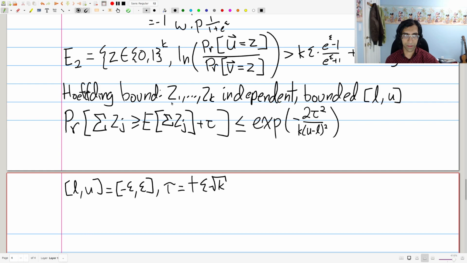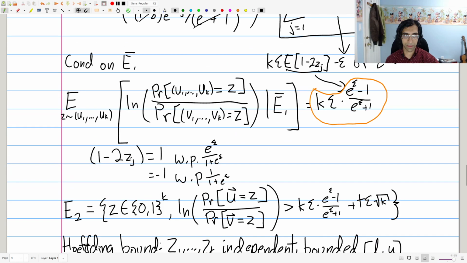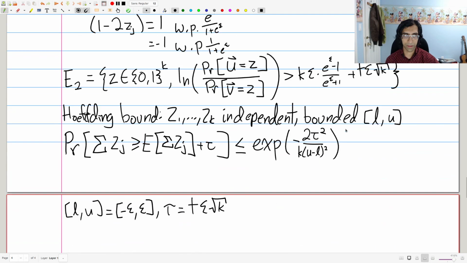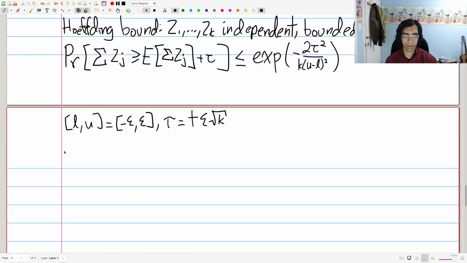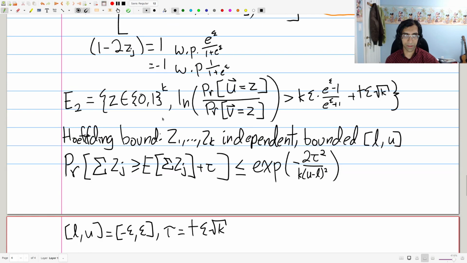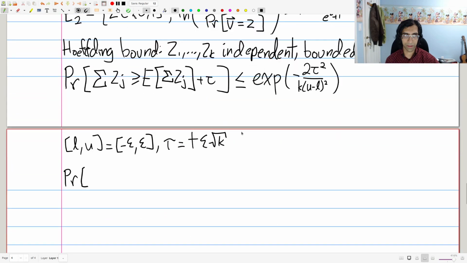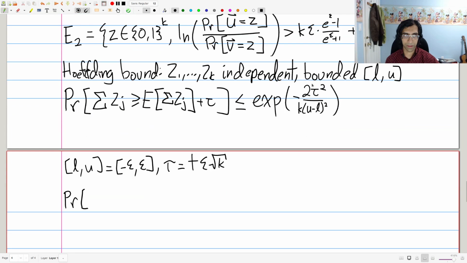And then we're going to get the following. We're going to let these capital ZJs, sorry, bad notation, be these things here. So the probability that this term right here, which is essentially this exact thing, ln of the probability that the U vector is equal to z divided by the probability that the V vector is equal to z, is greater than its expectation.